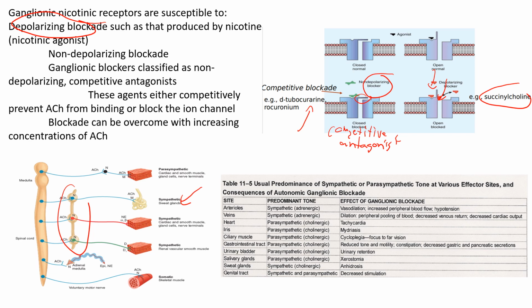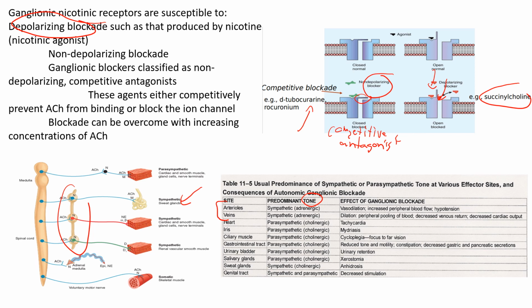And then there's another concept called tone. This is essentially the resting state of what your organs are generally in. And when you flip the blockade, they'll essentially be the opposite, right? So veins and arteries, remember, are sympathetic. There's not really an equivalent, but if you flip the blockade, they'll be off.